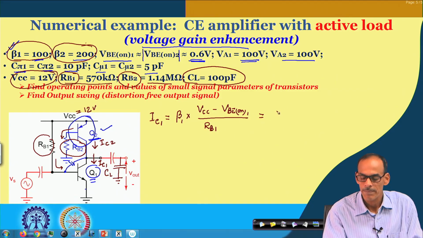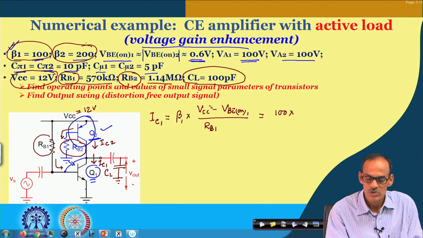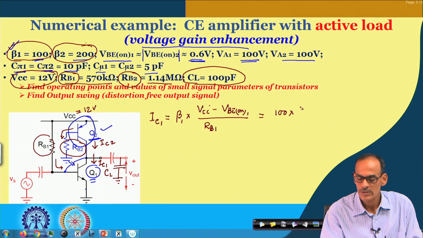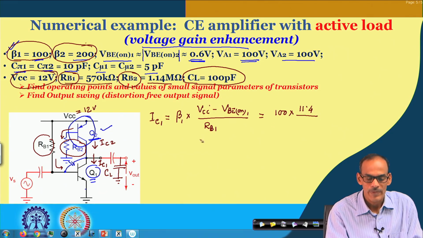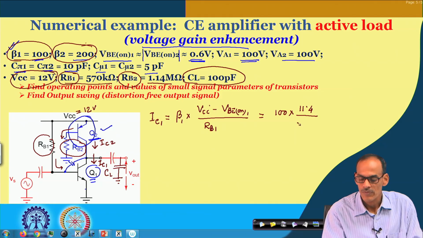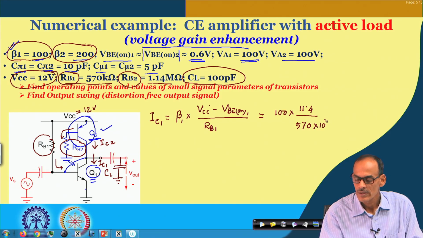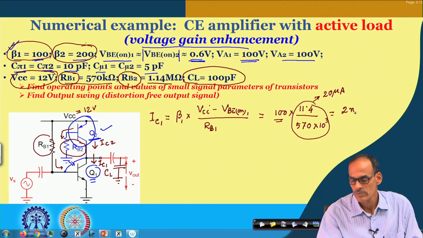That is 100 multiplied by, so this is 12, this is 0.6, so that is 11.4, divided by RB1, which is 570 kilo. That gives us 20 microampere multiplied by 100, so that gives us 2 milliampere.